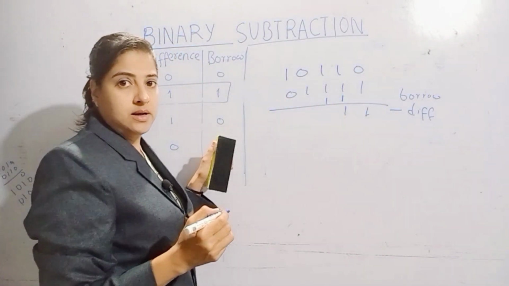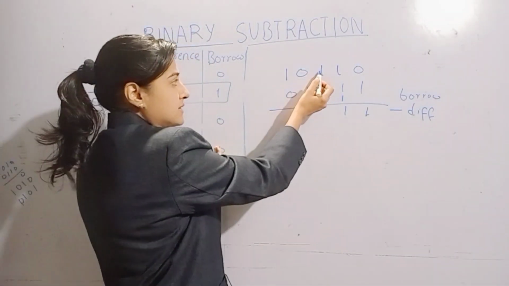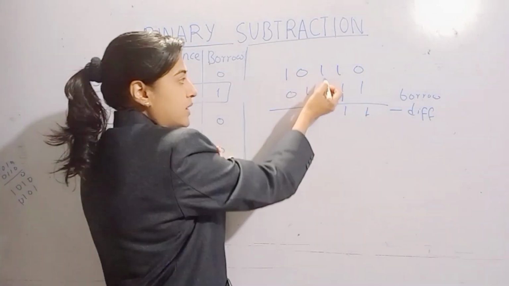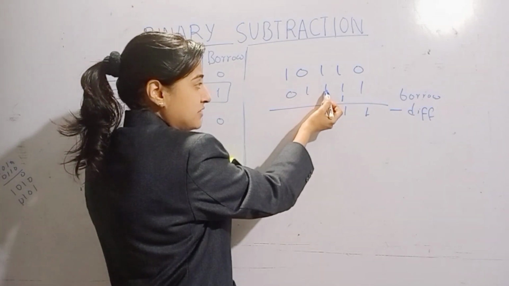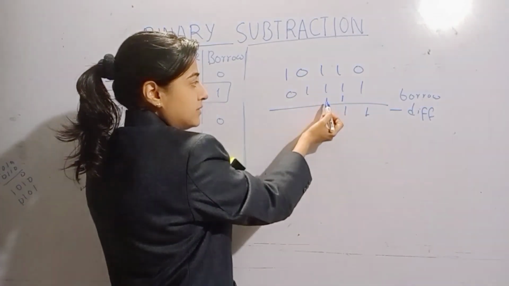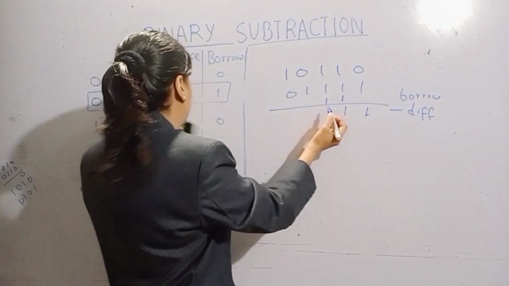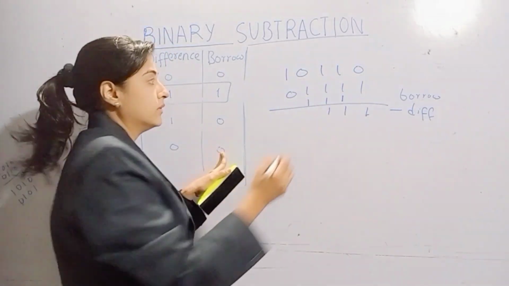Okay, now 1 minus 1, you have to go by sequence. First this subtraction, and then you subtract the borrow. So 1 minus 1 is 0, no borrow, so the difference is 0. That difference 0, you subtract this borrow from it. So 0 minus 1 gives difference 1, borrow 1.